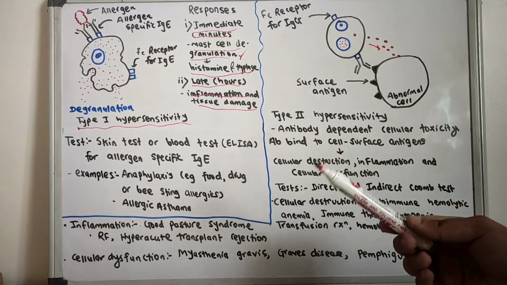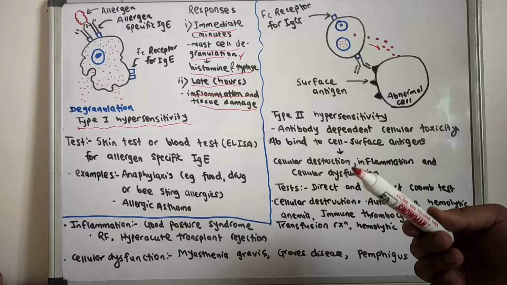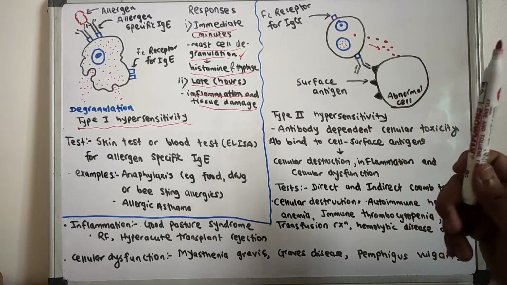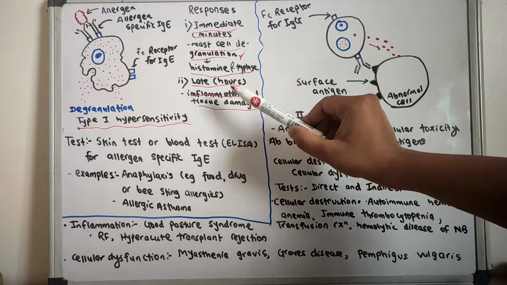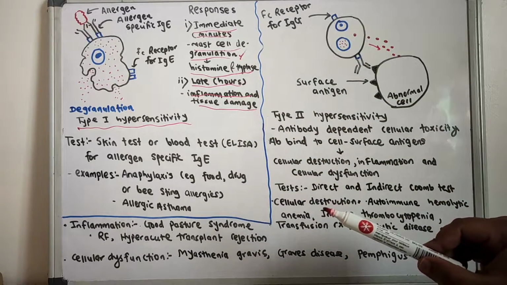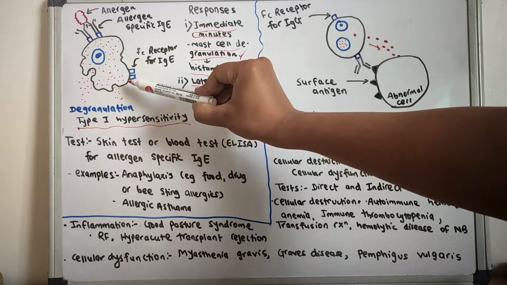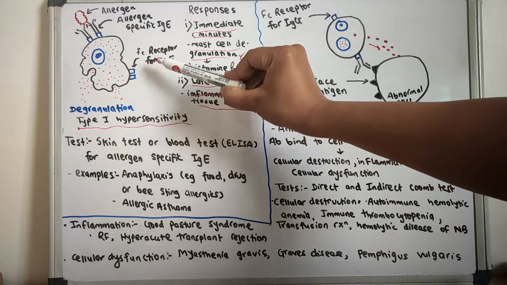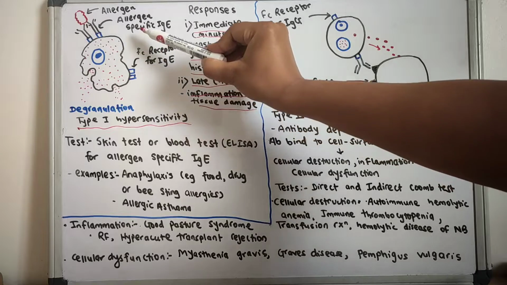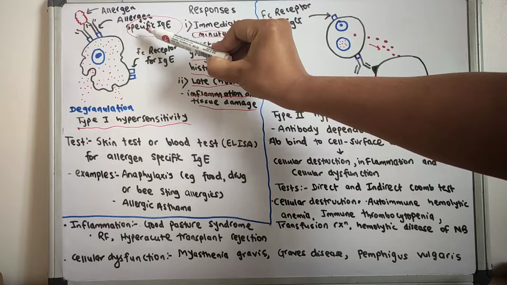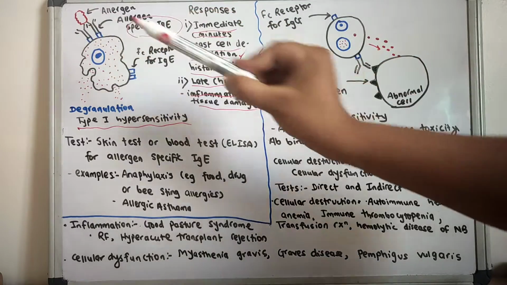In the late phase, chemokines attract inflammatory cells, for example eosinophils, and other mediators, for example leukotrienes from the mast cell, cause the inflammation and tissue damage. Here you can see there is one allergen and here the mast cell. The mast cell has the Fc receptor for IgE and it has the allergen specific IgE, where you can see the immunoglobulin E attached.